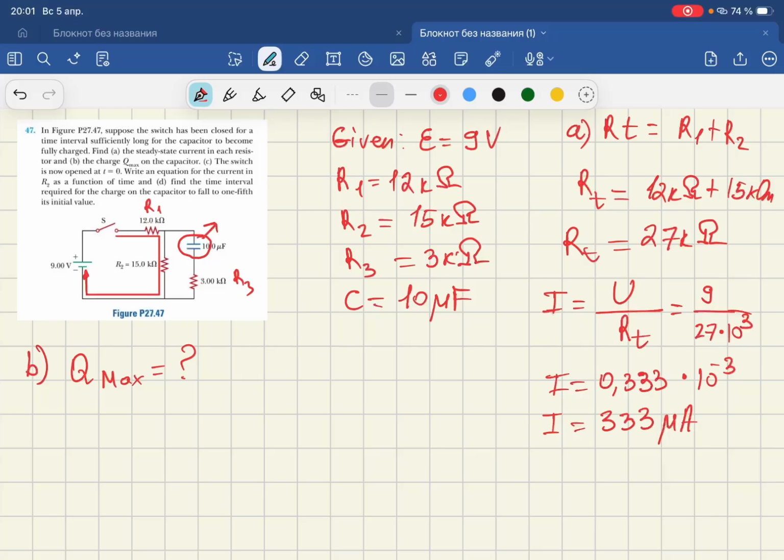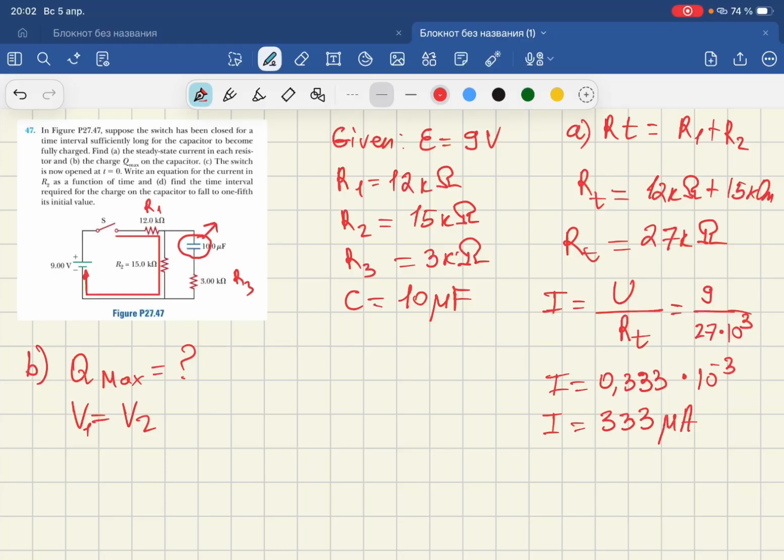First of all, we need to know that when the resistors are placed in parallel, we can take the voltages as equal, voltage 1 equal to voltage 2.